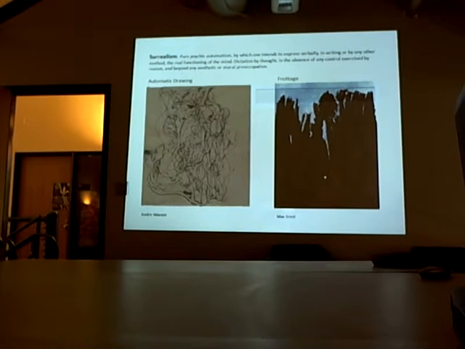Another semi-automatic technique was frottage. They would get something textured, like fish bones, as Max Ernst did. He used fish bones, applied paint, and rubbed the texture onto the paper, and then you try to derive meaning from that.